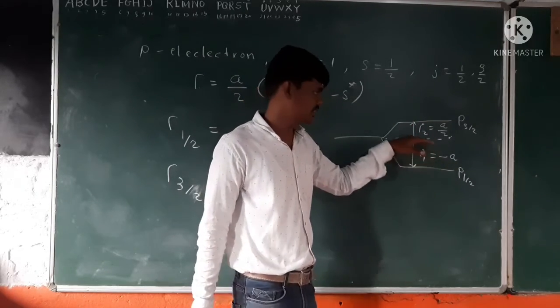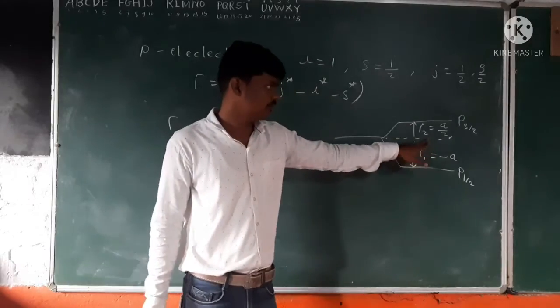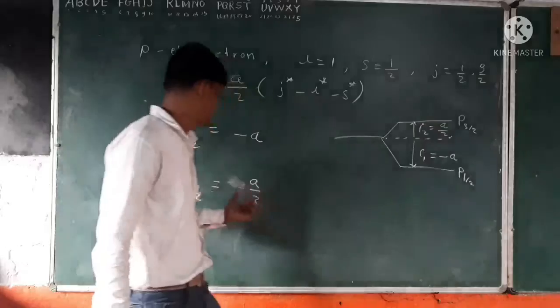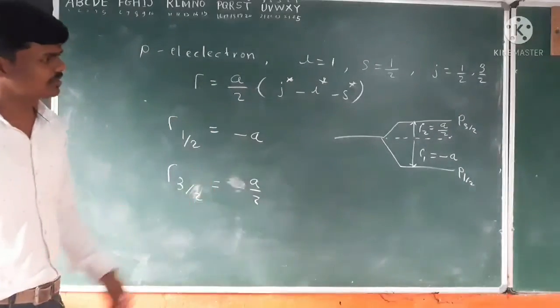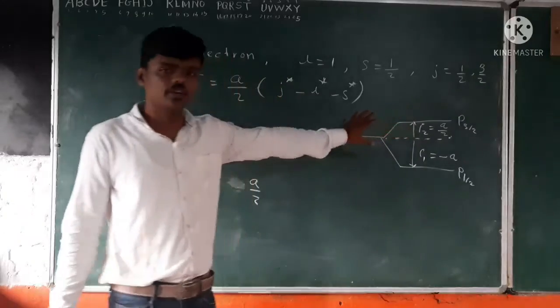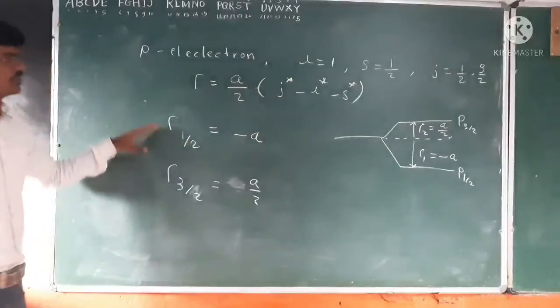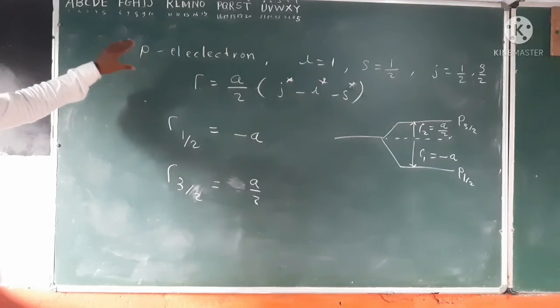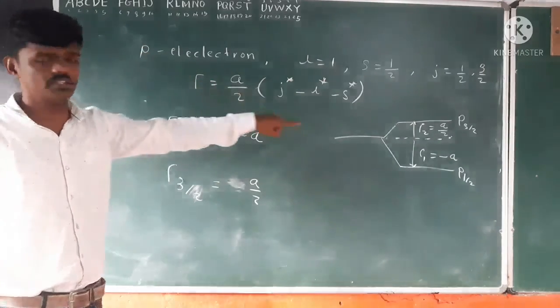As there is a minus sign, this one is below the hypothetical center of gravity, and this one is above because it is positive. You can understand this. So this is the separation: we calculated the term shift, the energy of separation, from this formula. Did you understand why we derived this formula for this purpose?